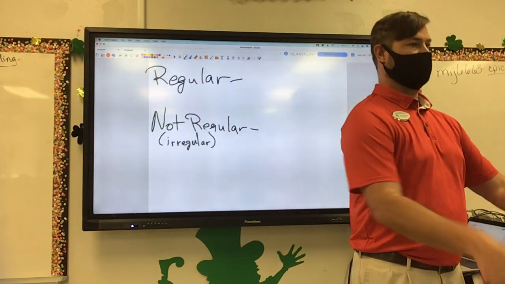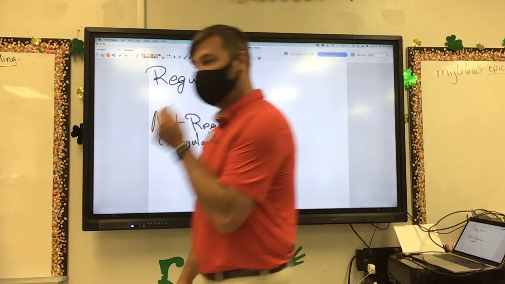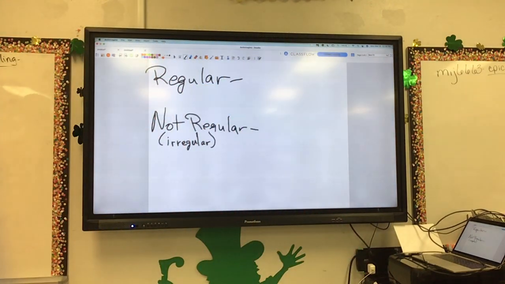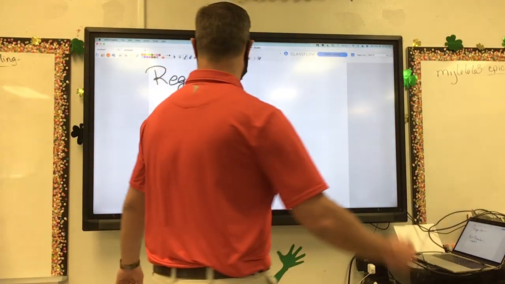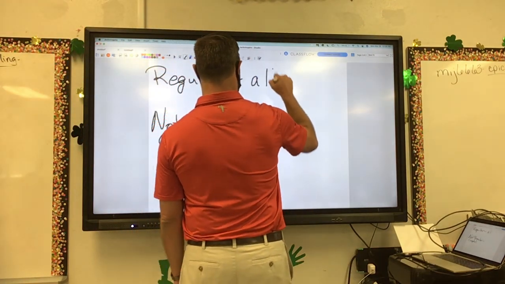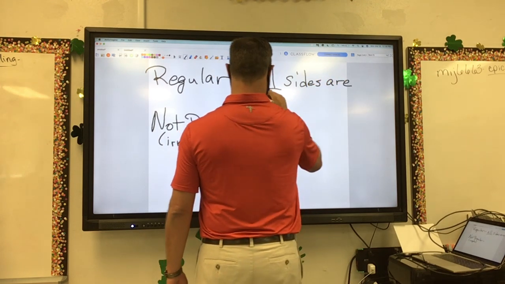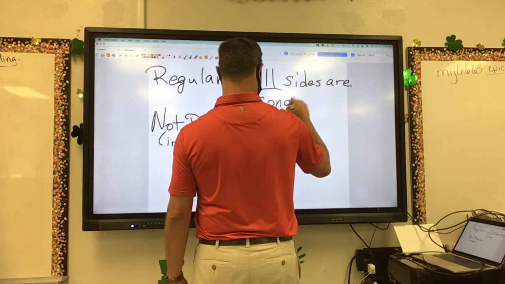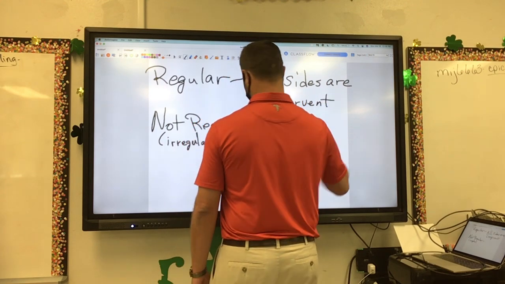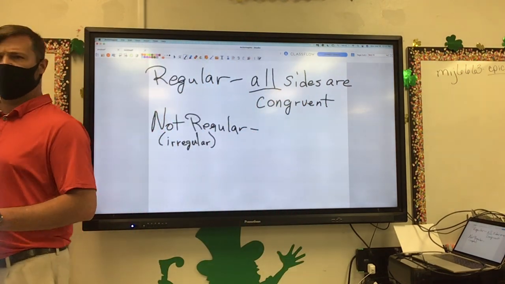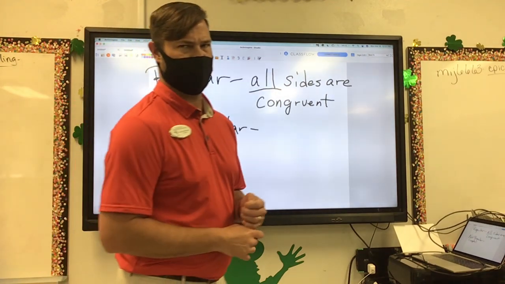Well, it's in your book on page 442. If you turn the page on page 442 at the very top there, the difference between a regular and irregular shape is regular means all sides are, big fancy word, congruent. All sides are congruent. What does congruent mean?